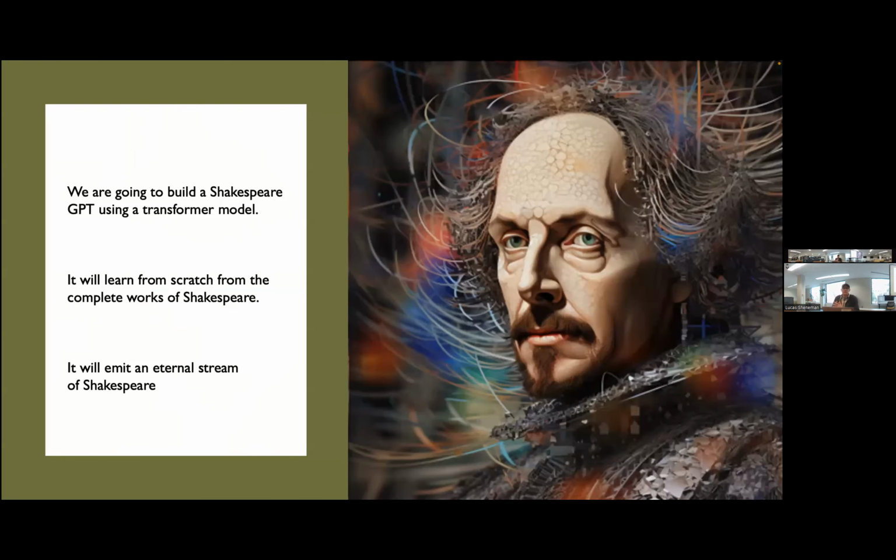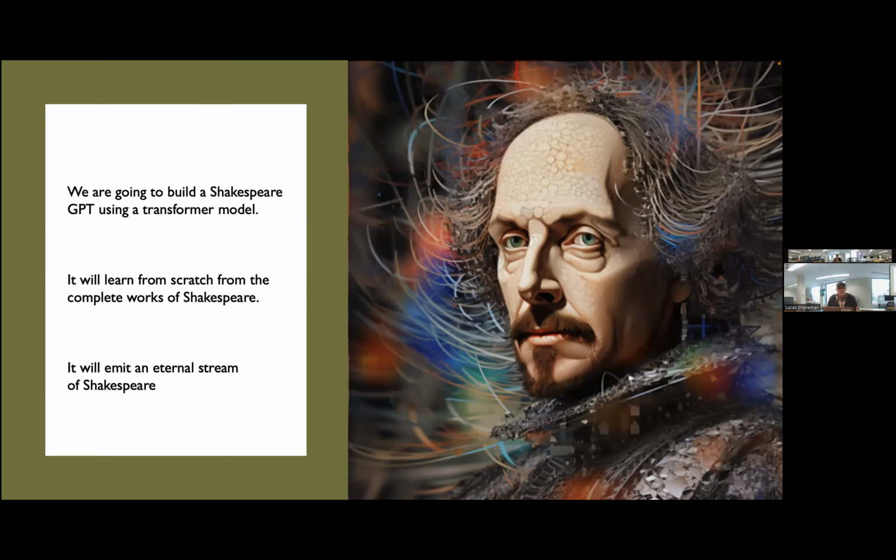So what we're going to do today is build a model that basically mimics Shakespeare. This is a Shakespeare GPT, that's what I call it, or I call it ShakeGPT. And we're going to use this thing called the transformer model. By the way, that's an AI generated image of, I think, cyberpunk Shakespeare.